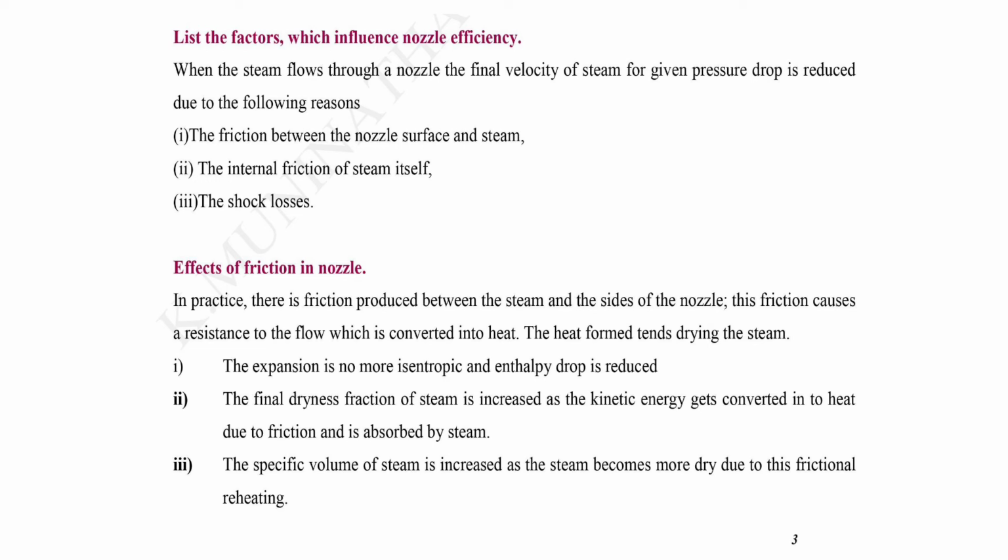The final dryness fraction of steam is increased as the kinetic energy gets converted into heat due to friction and is absorbed by the steam. The specific volume of steam is increased as the steam becomes more dry due to this friction reheating, which means the volume of steam is increased as well as the mass flow rate.